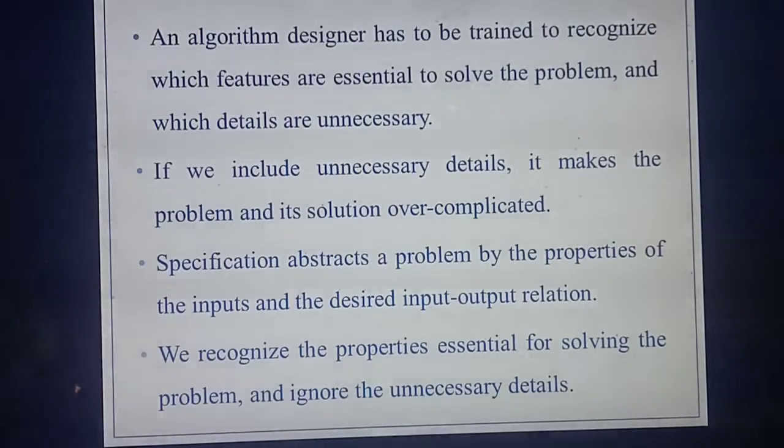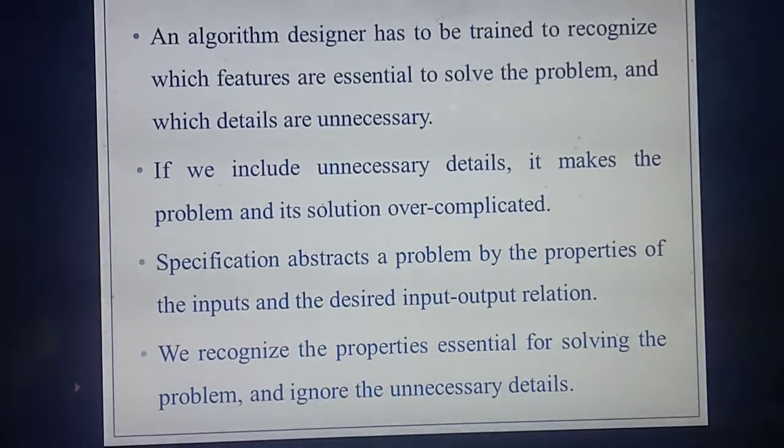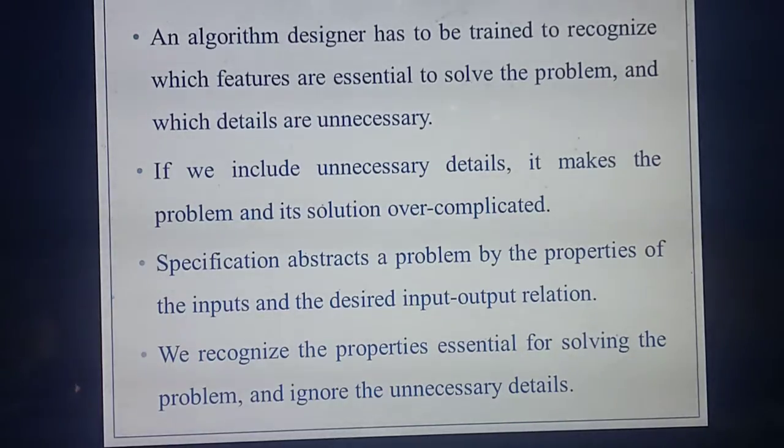Understood, students? Okay. So if a designer is going to design an algorithm, a lot of details will be there. The designer always collects the requirements from the user, which one is required, which one is most important for designing the algorithm.